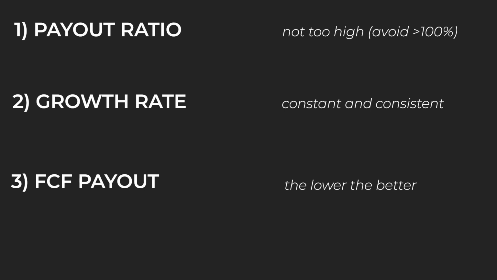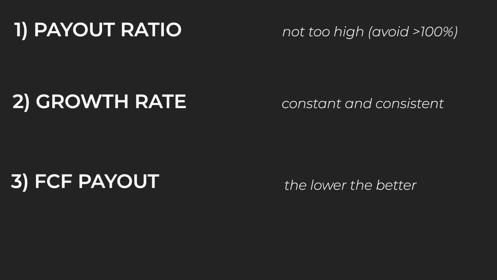So basically you would take the dividend per share and divide it by the free cash flow per share of a company. This is very important because it's telling you how much of the free cash flow is available for the company to pay out in dividends after it has ensured that all cash has been deployed in order to sustain the growth of the business.